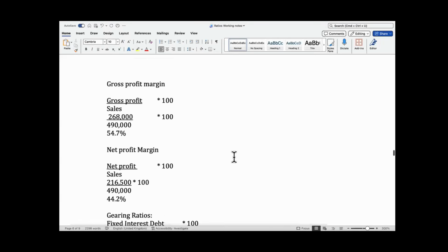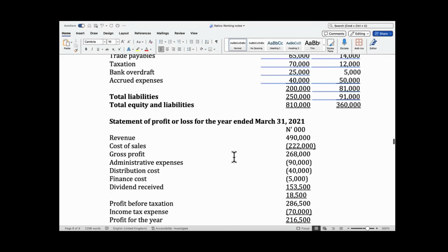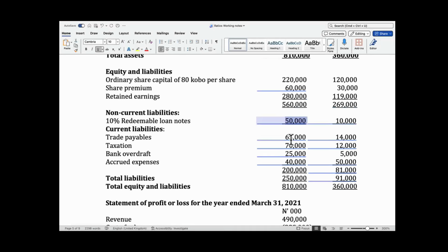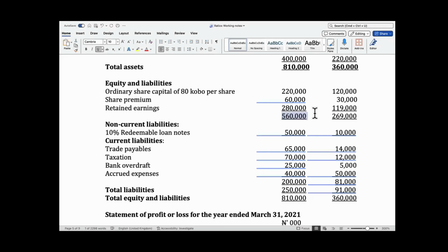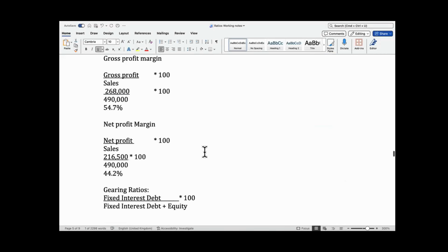What's my fixed interest debts? 50,000. What's my equity? 560. So 50 over 560 times 100.